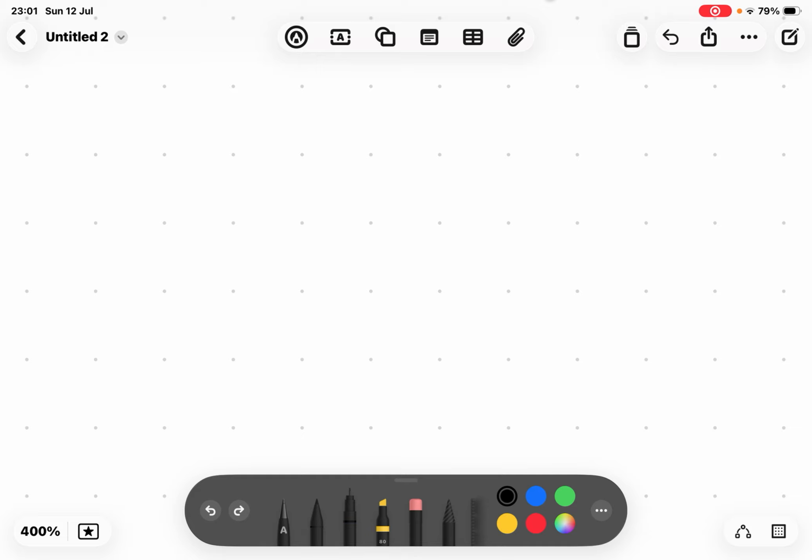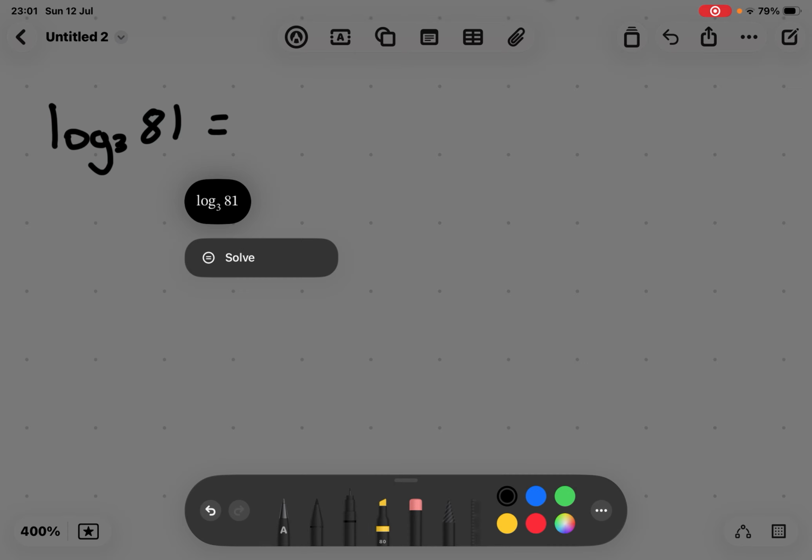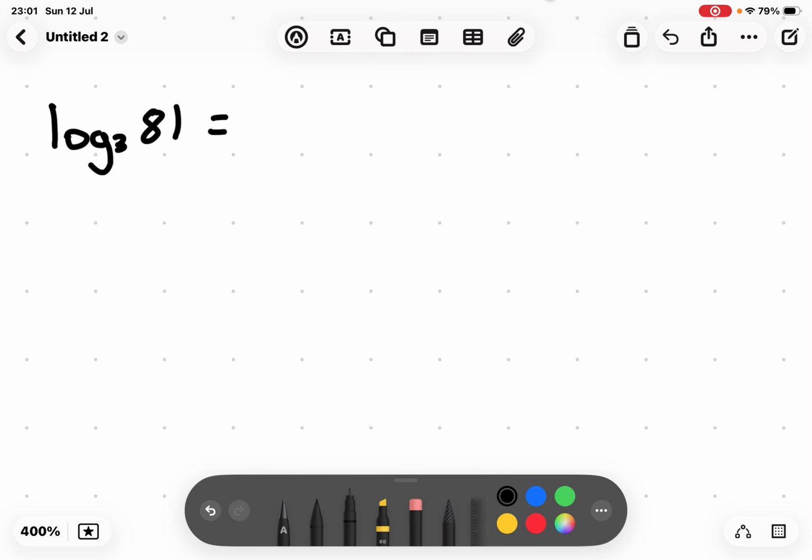So, you should understand that, let's say we have log to the base 3 of 81. We have to find a number that, how can I explain?